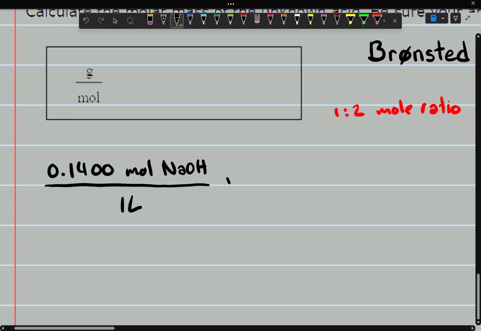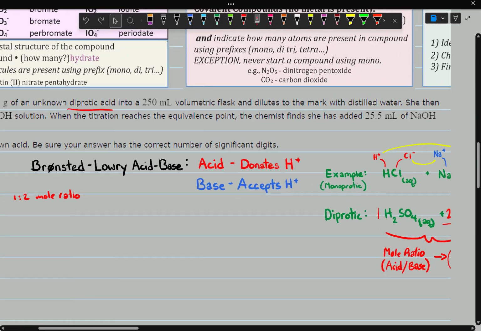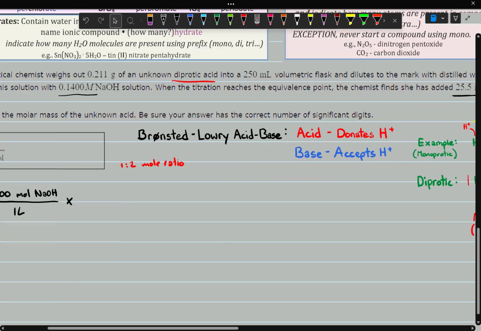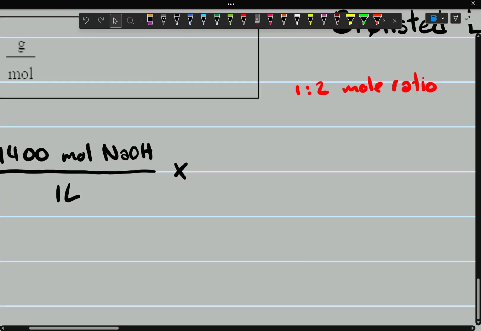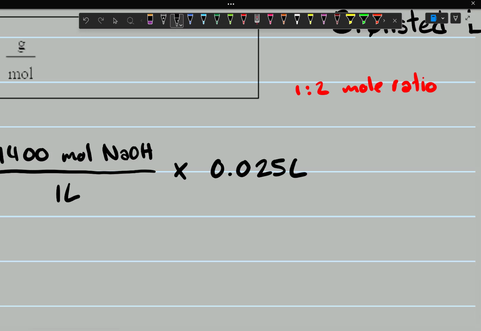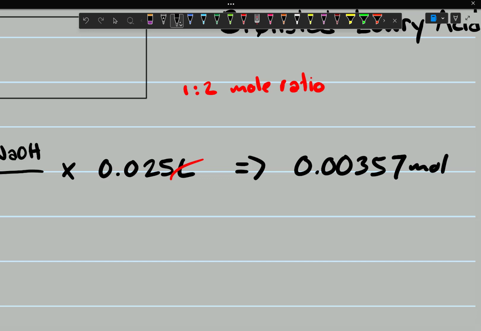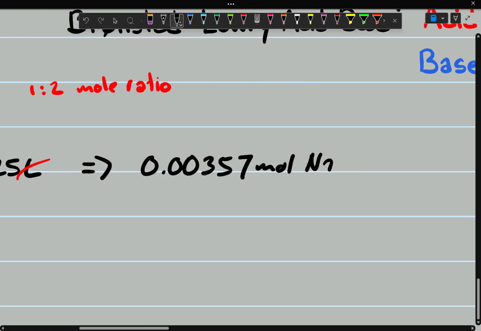And we know that we have 25 milliliters used. So if we convert that to liters by dividing by 1,000, we get 0.025 liters. And if we multiply this out, liters will cancel, and we'll get the amount of moles of sodium hydroxide. And that comes out to 0.00357 moles of NaOH.